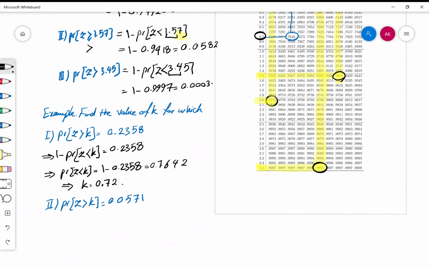How about the probability of Z bigger than k equal to 0.0571?